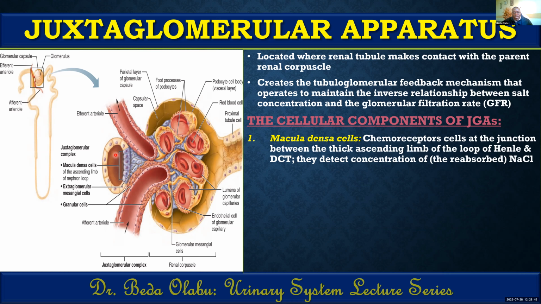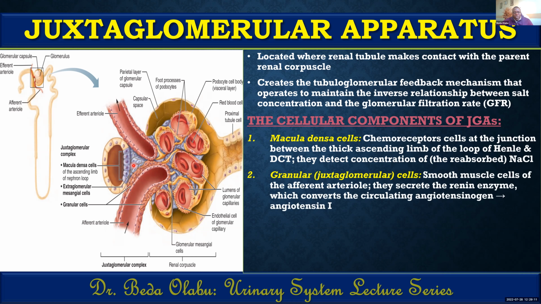So if the amount of sodium chloride passing through it is a lot, then it will know that it's actually a lot in the tubule. And if it's little, then it will know that it's actually little in the tubule. So based on the amount of sodium chloride being reabsorbed, the macula densa cells are able to know whether we have high or low sodium within the renal tubules.